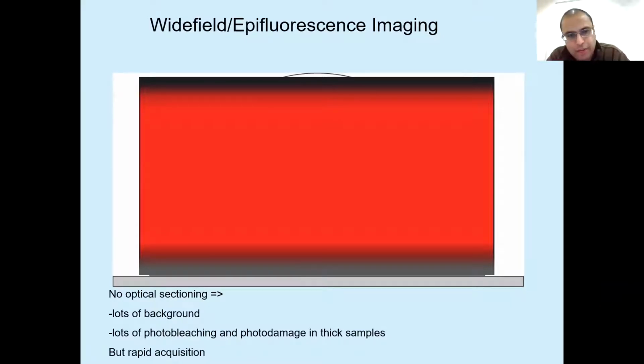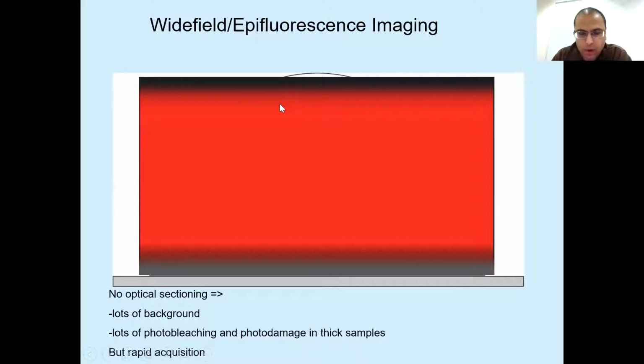In a widefield microscope, you of course acquire one plane at a time on a camera, but because you're illuminating the entire volume, there's no what we call optical sectioning. So you get lots of background in three-dimensional volumes. And in thicker samples, there can be noticeable photobleaching and photodamage. But the saving grace of the widefield microscope is that it's very fast, right? You acquire the entire plane at once.